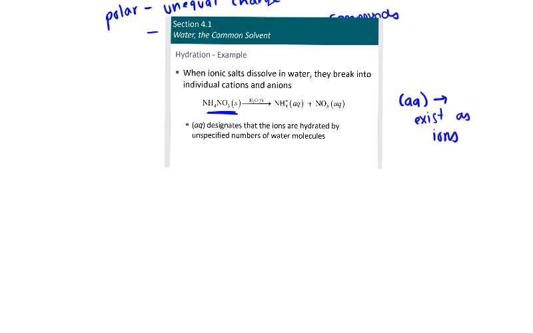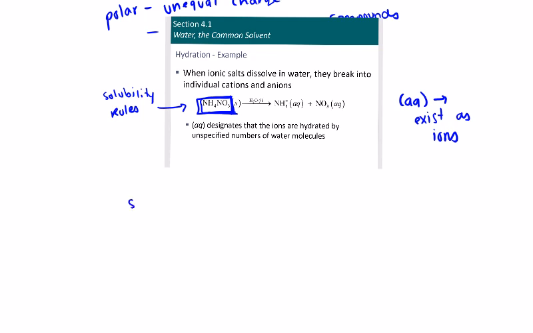We're going to use solubility rules to determine whether this compound is going to be able to break apart. I gave you solubility rules in class, and that's how we're going to determine whether or not a solid is going to break apart.